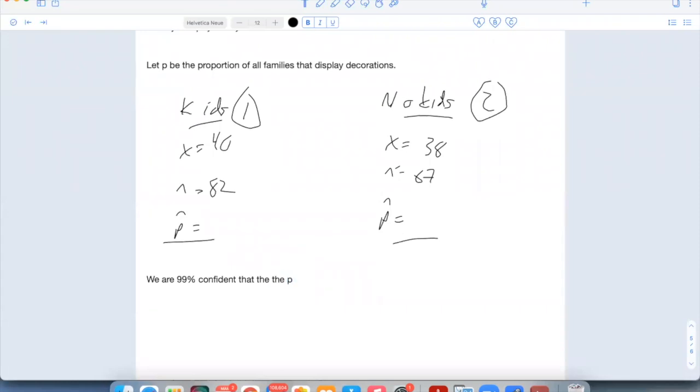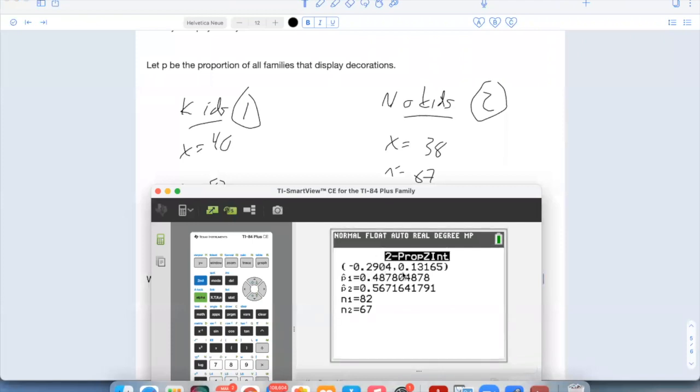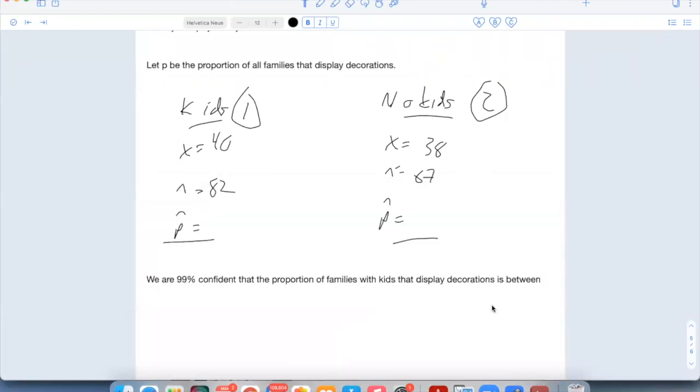The proportion of families with kids that put up decorations or display is between smaller and larger. -29, +13.